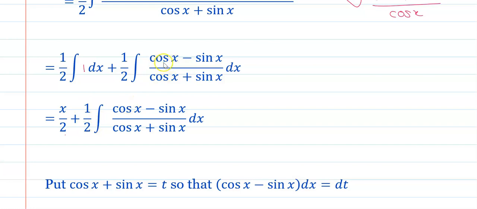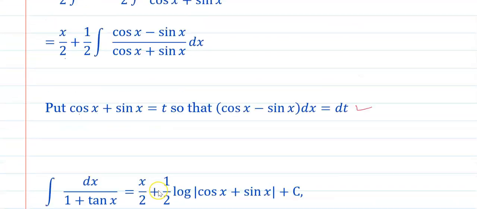See this here, the term cos x minus sin x upon cos x plus sin x. If we substitute here cos x plus sin x as t, so that its derivative: derivative of sin x is cos x and derivative of cos x is minus sin x, bracket complete into dx is equal to dt. And that's why we can solve this integration with the method of substitution, taking the substitution cos x plus sin x is equal to t.